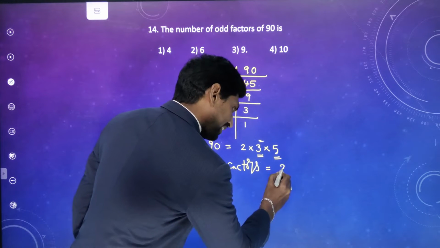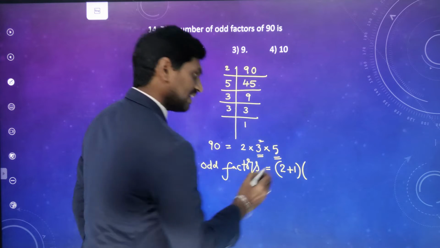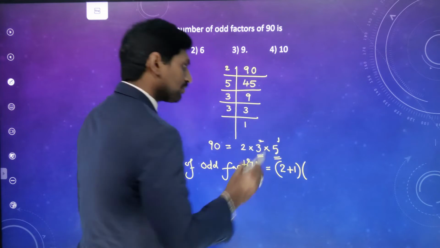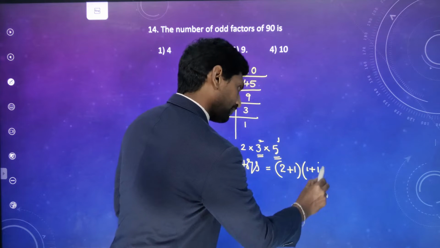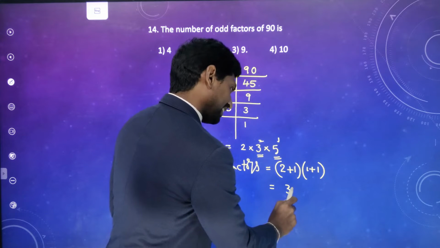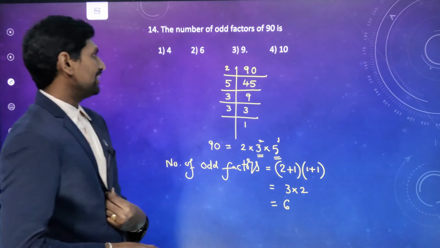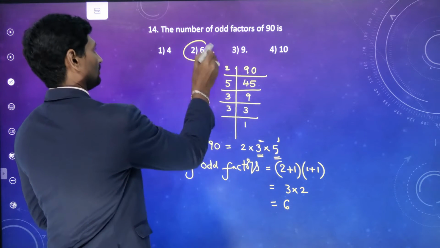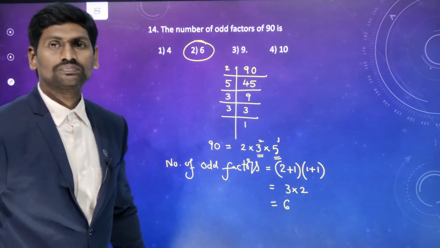So its exponent is 2, so 2 plus 1, and 5 has exponent 1, that is 1 plus 1. So 2 plus 1 is 3, into 1 plus 1 is 2, nothing but 3 2s are 6. So our option is obviously 2.